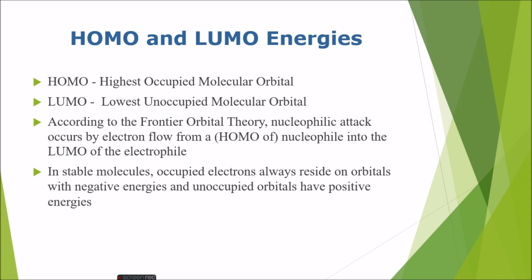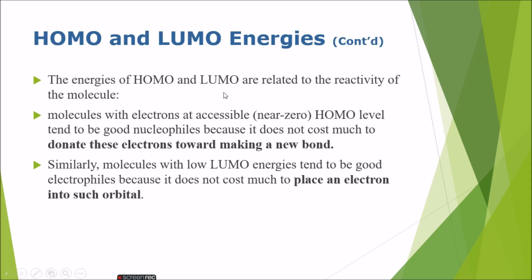Then how are HOMO and LUMO related to the reactivity of a molecule? How are the energies of these two orbitals related to the reactivity of the molecule? The occupancy of the electron will determine the reactivity of the molecule, and that results in the energy of the HOMO and LUMO. You know that the HOMO level is found near zero, right?